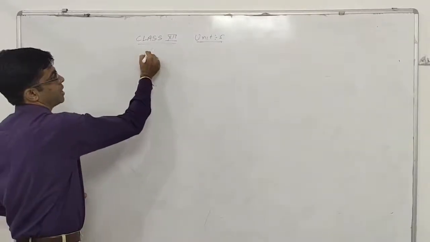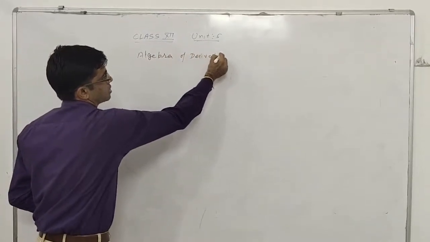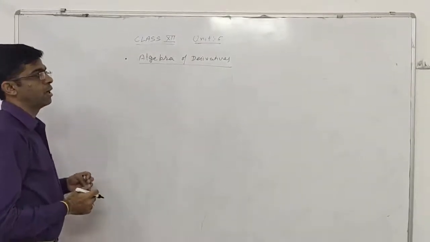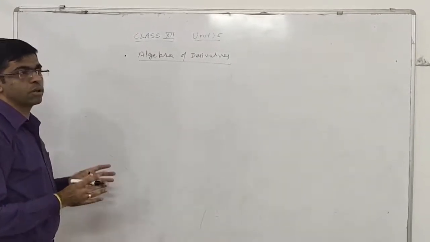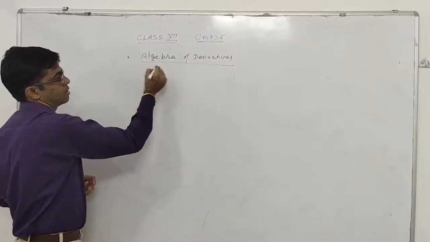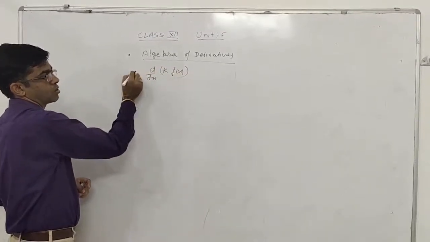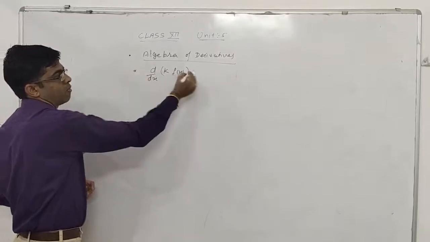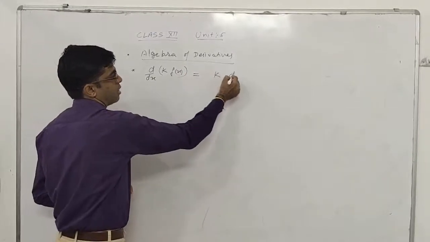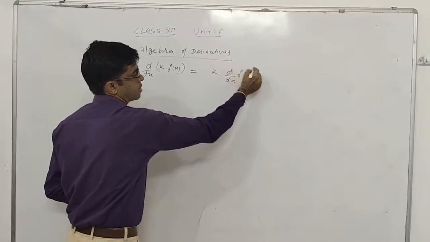Now next topic is algebra of derivatives. In this we will learn how we will do the differentiation whenever there are two functions, the multiplication of two functions, addition of two functions, like d by dx of k f x. If k is the constant and the function is of this form, then you can shift this constant outside, and then d by dx of this f x.